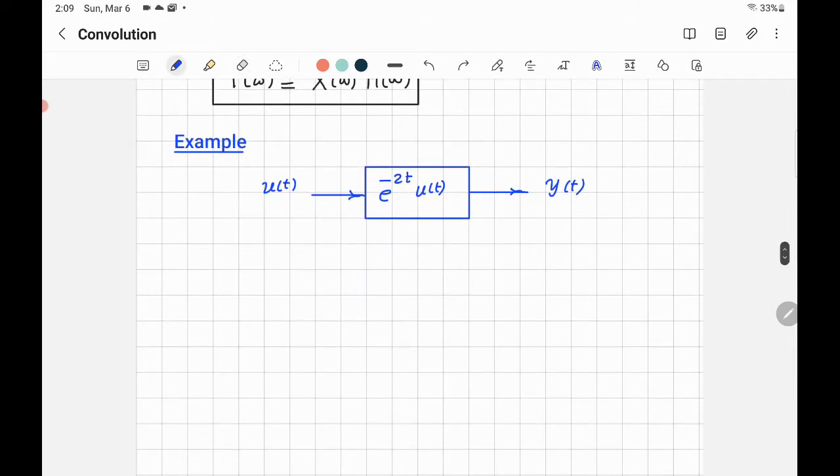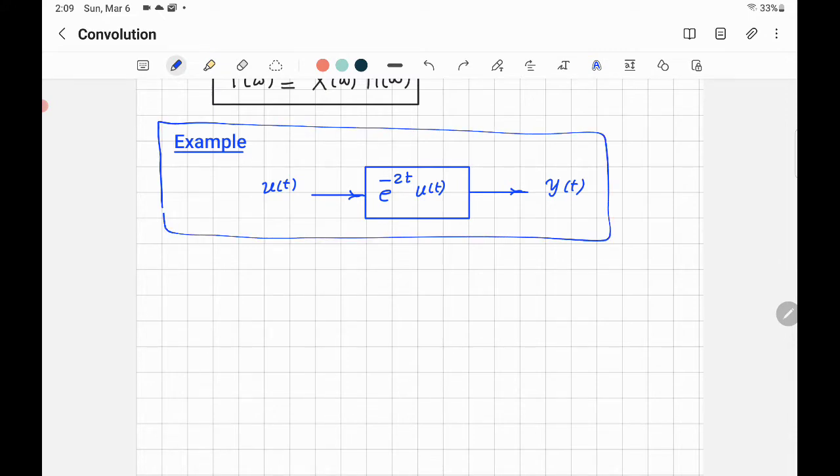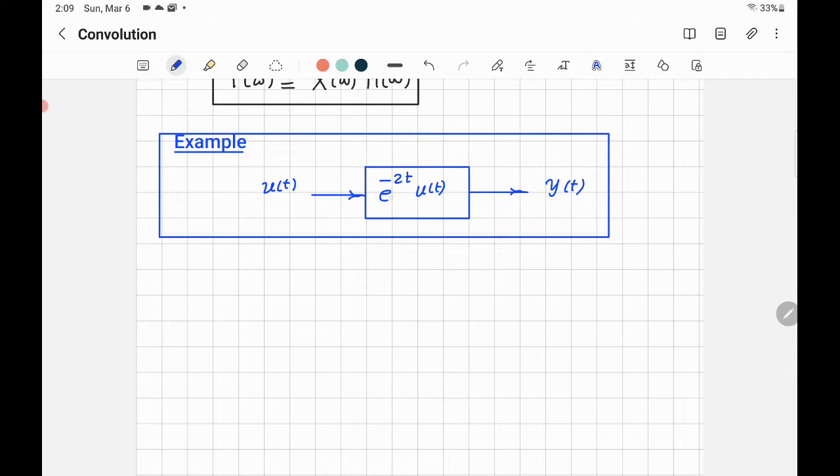In this example we have a linear time system defined by the impulse response e to the power of minus 2t u of t, and the input is a unit step. So that's what we have: an impulse response that looks like that, and an input which is a unit step.